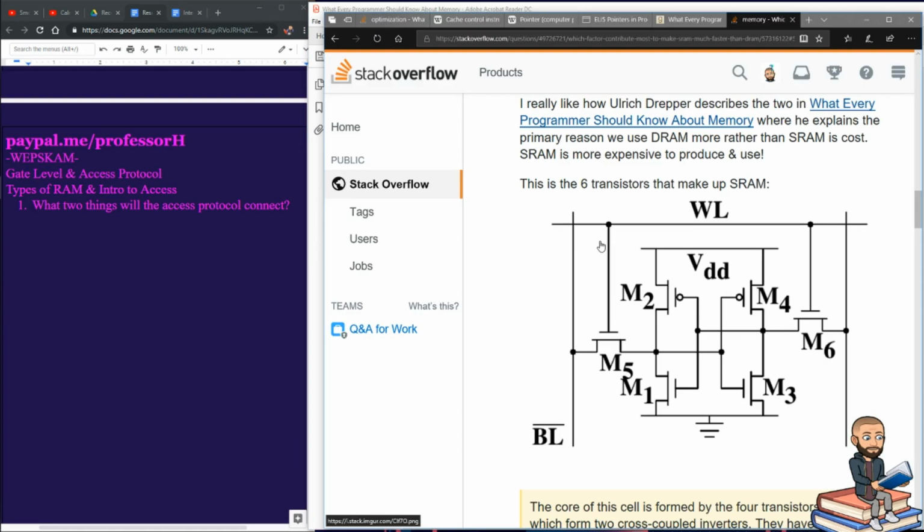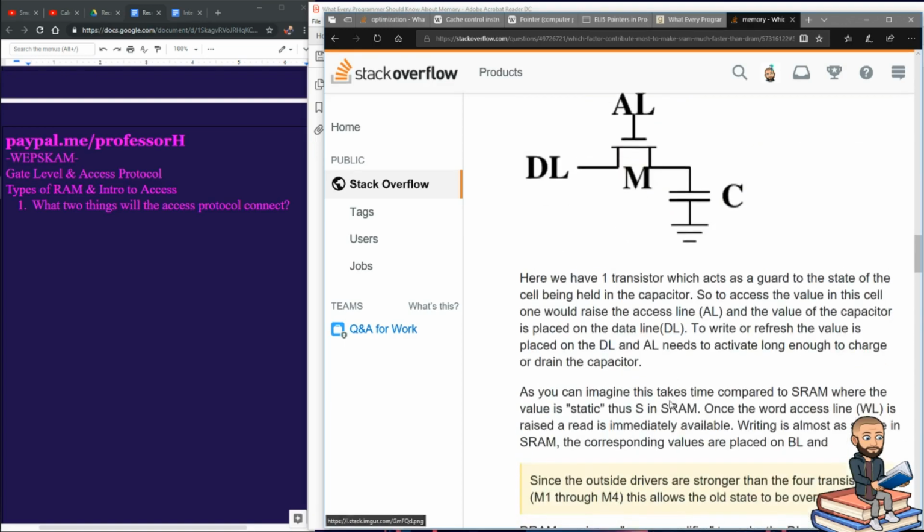And here's a much bigger picture of SRAM. You have 4 transistors in the core here, and then there's 2 transistors on the side, M5 and M6. And these will work as long as there's constant power to VDD right here. Since I'm on the picture, I'll speed through what that text says. In order to write to this line, you would set BL and BL inverted.